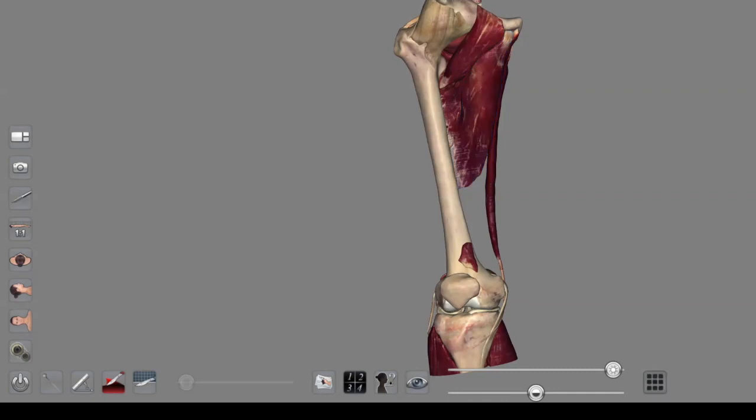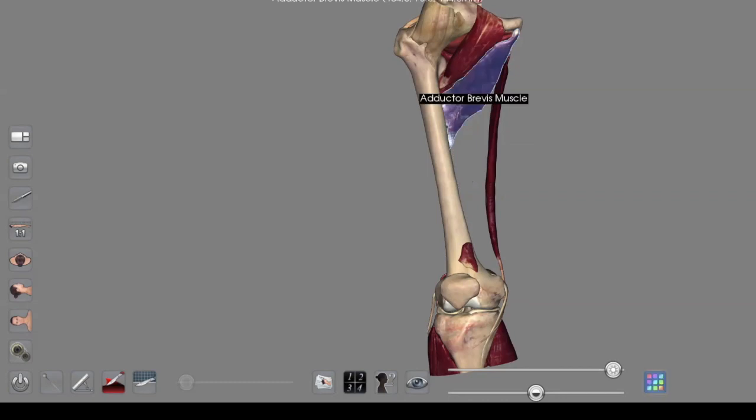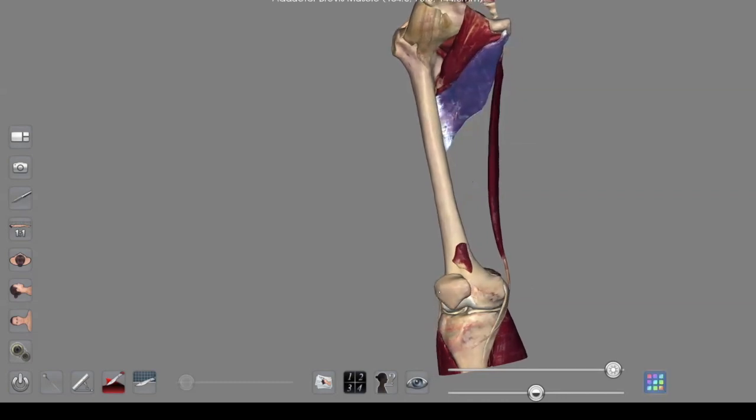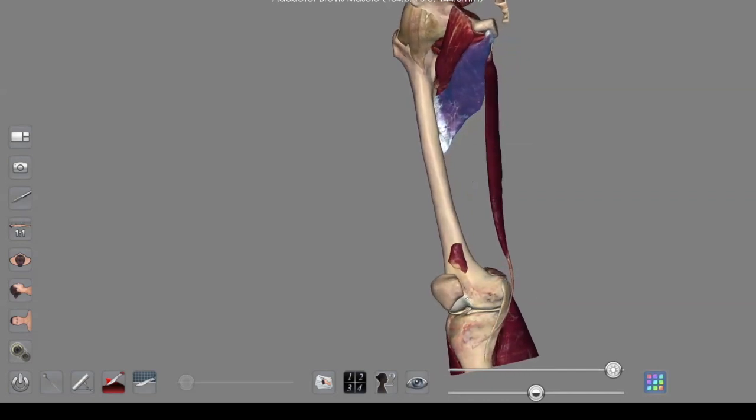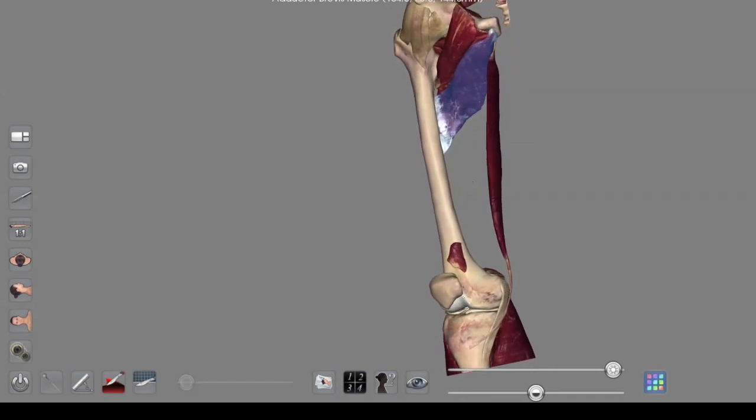If we remove the adductor longus, just superior to it is the shorter adductor brevis muscle, which has an origin on the body and inferior ramus of the pubis and inserts on the superior portion of the linea aspera.